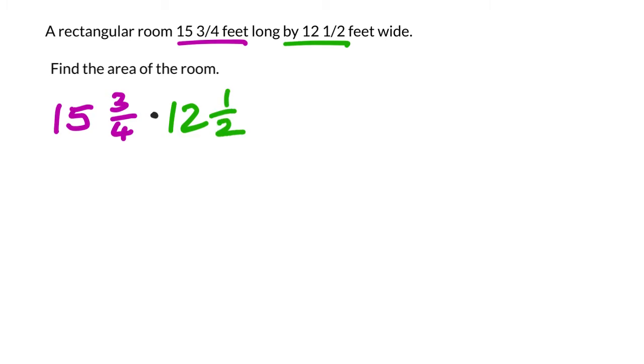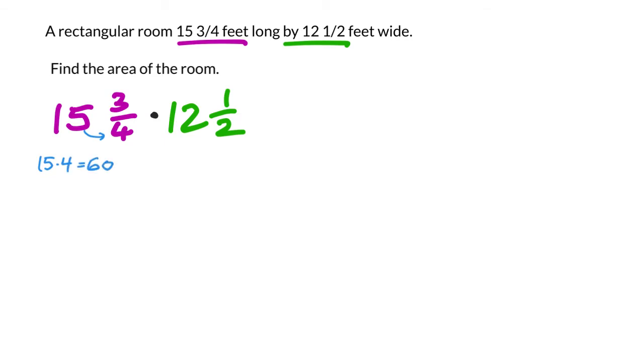Just remember that as of now, while we're multiplying mixed numbers, we're going to want to change these into improper fractions. So I do that with the cycle method, right? So 15 3/4. First is multiplication: the whole number times the denominator, 15 times 4.